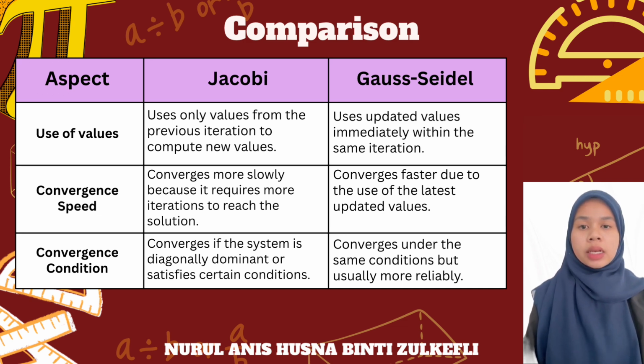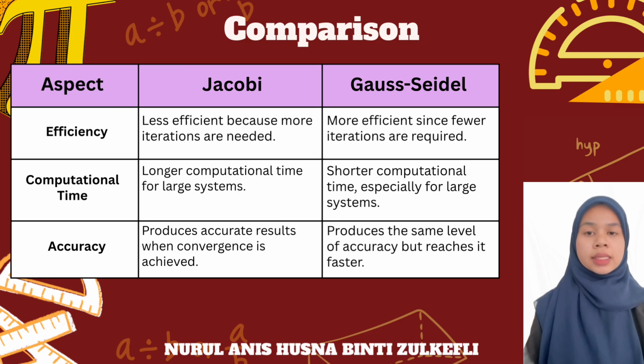In contrast, the Jacobi method relies solely on the values from the previous iteration when computing the new approximations. As a result, information is propagated more quickly in the Gauss-Seidel method, allowing it to approach the exact solution in fewer iterations.